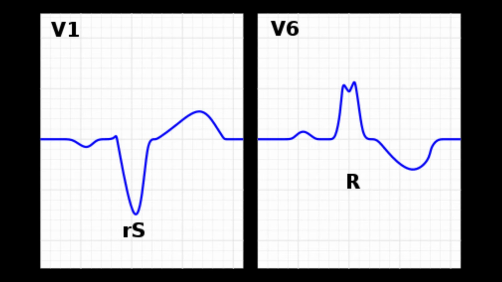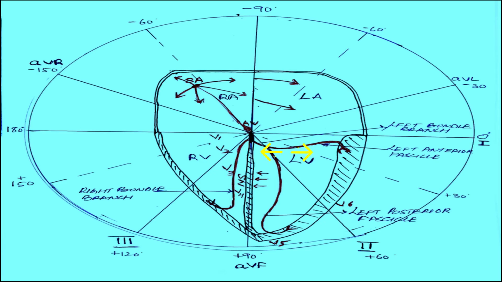So what you see in left bundle branch block is that leads V5 and V6 are looking towards the lateral wall, and you see tall R in V5, V6 and deep S in V1, V2, because I told you V1 and V2 are electrically opposite to V5, V6. If something tall happens in V1, V2, deep S will be created in V5, V6.